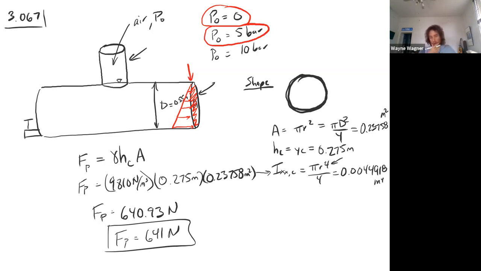First of all, I need to convert bar into pascals, newtons per meter squared. 1 bar looks like it's 100,000 pascals. So this equals 500,000 pascals, and this equals 1 million pascals, if the internet is correct, which I think on this we can probably trust.